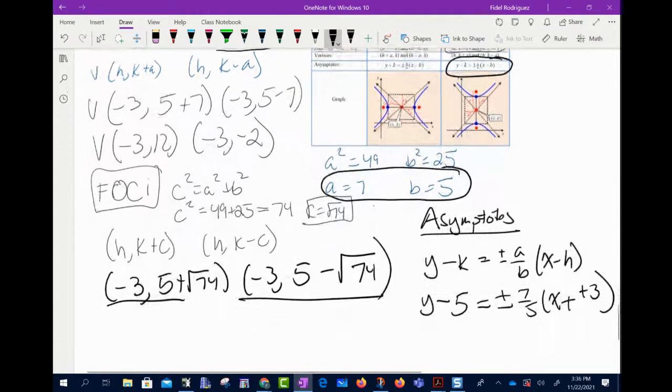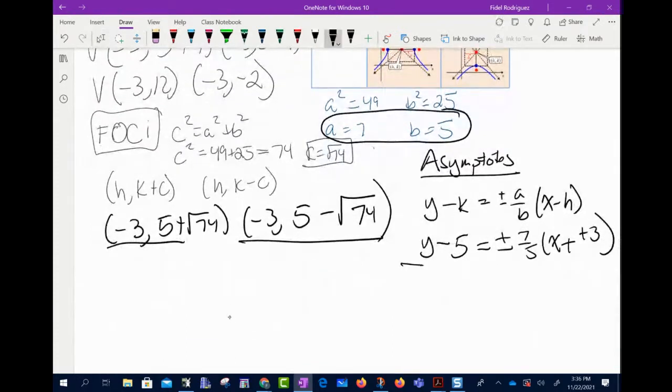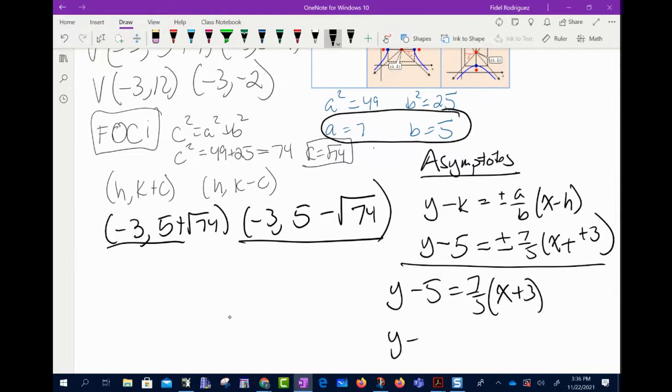I'm going to write out the two separate equations, y'all. y minus 5 equals 7/5 (x plus 3), and y minus 5 equals negative 7/5 (x plus 3).